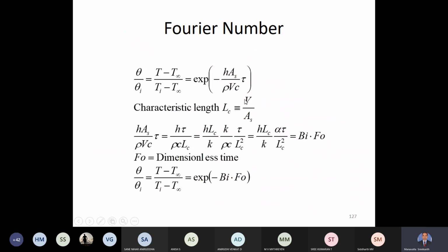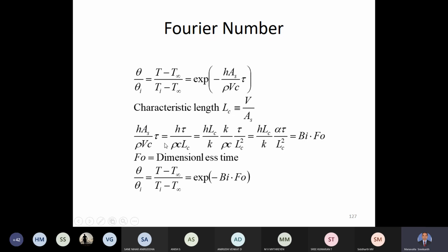So if you substitute this, now you will take the term inside the bracket, hAs by rho Vc tau. In that, look at this A by V. A divided by V is 1 by LC. So in place of A by V, I see 1 by LC.